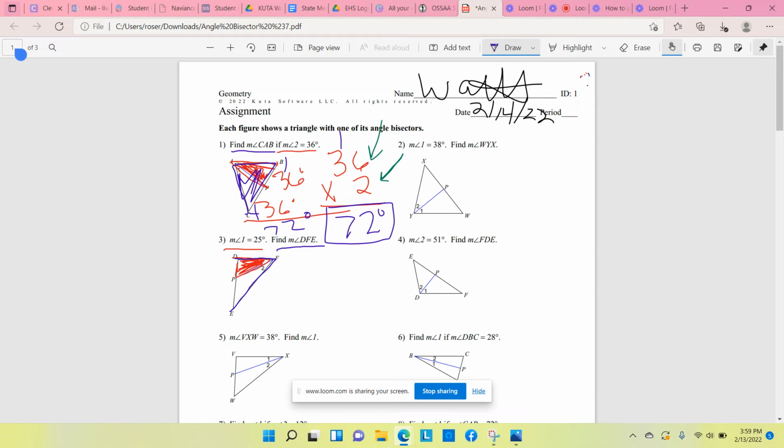What do we know about the 2 different angles? They are what? Equal. What's a fancier word for equal? A more geometry appropriate word, that academic vocabulary we work on. Not equal, that other word starts with a C. Congruent. Good.